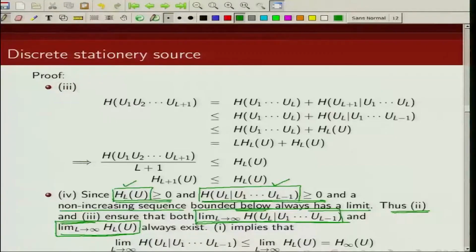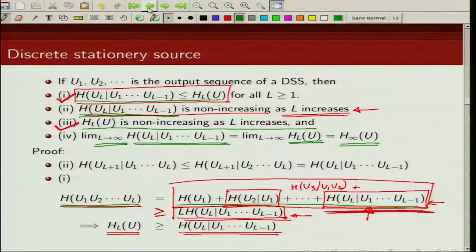So if you go back and look at property number 1, what is property number 1? It says uncertainty in UL given U1, U2, UL minus 1 is less than or equal to HL of U, uncertainty per letter.